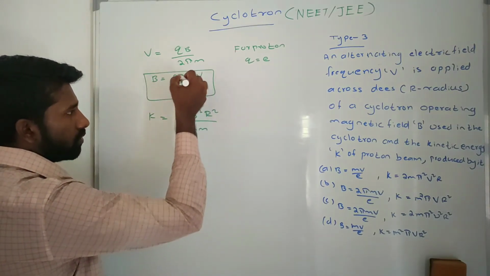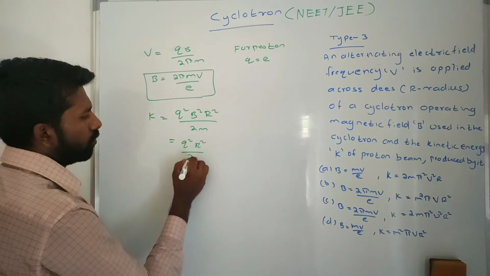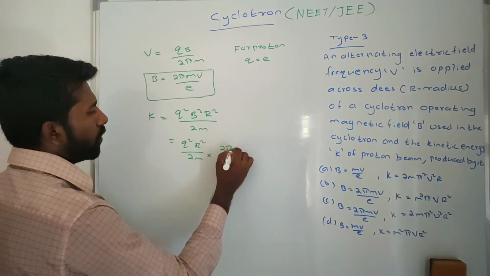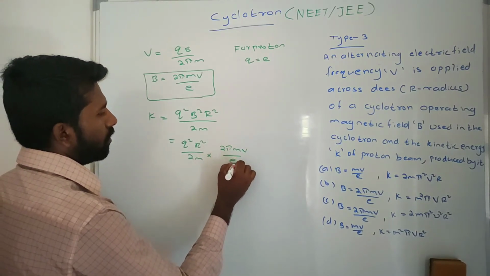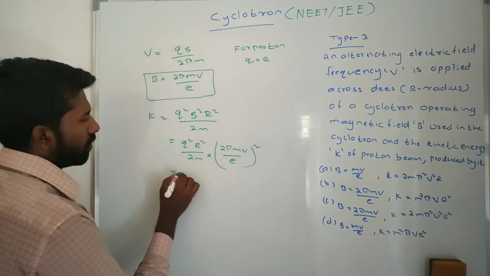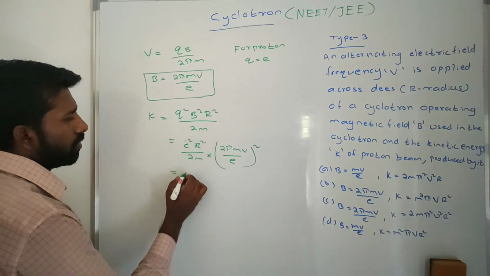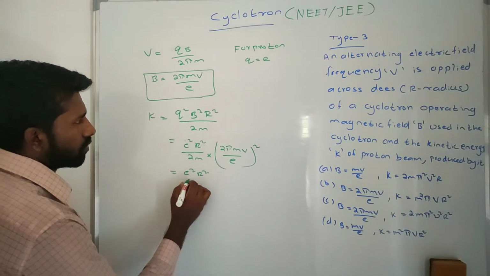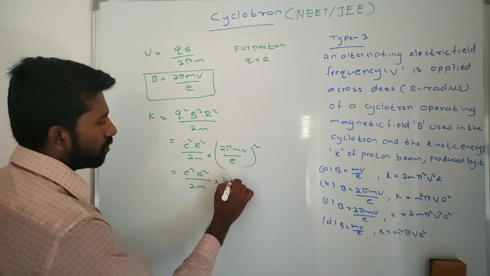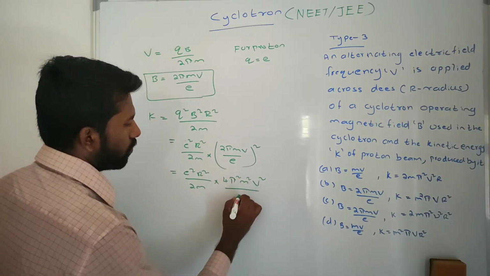We already got the B value, so substituting it here: Q square R square by 2M into the B value, 2 pi M V divided by E, all squared. Here Q is E, so we get E square R square by 2M into 4 pi square M square V square divided by E square.